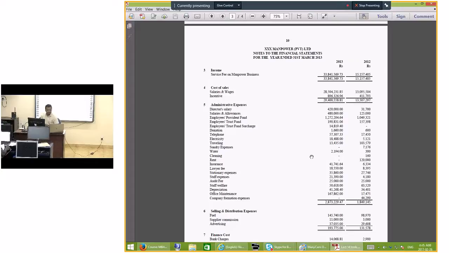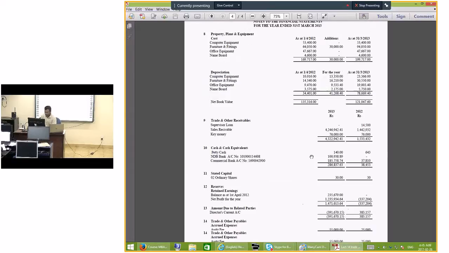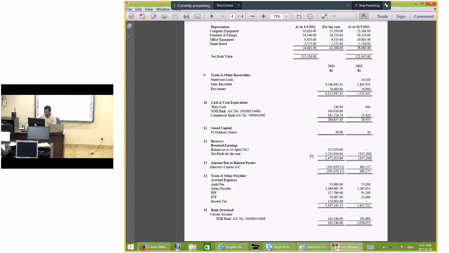Then what about reserves? The total reserves are around 898,000 in the statement of owner's equity. But what are the reserves in your note? It's something else.